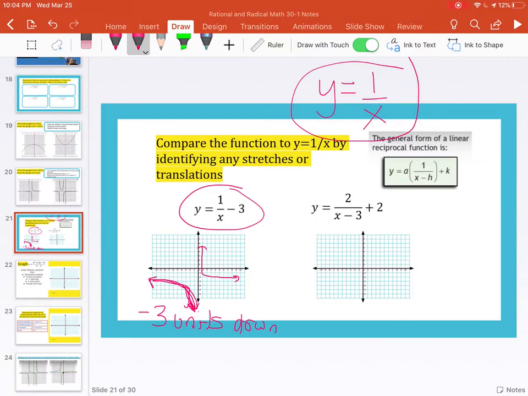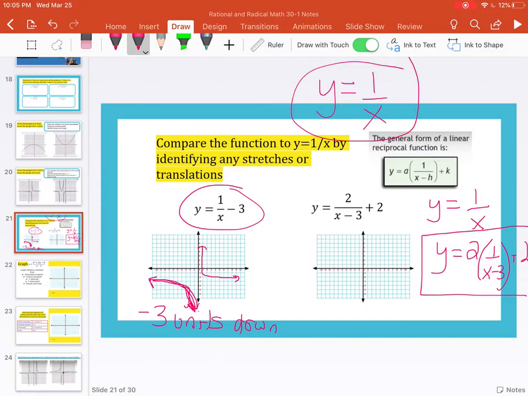Okay, so our next equation here, and this one's a little trickier to notice. I'm going to show you something. This is the same as this. If we were to times that 2 on the outside instead of writing it in the numerator, that would actually be the same thing. But in this format, it might be easier to figure out that 2 shows you a vertical stretch.